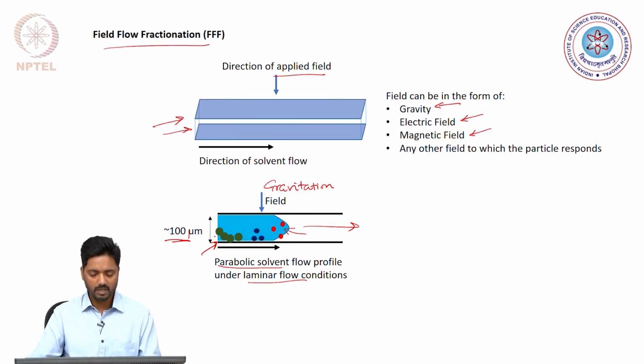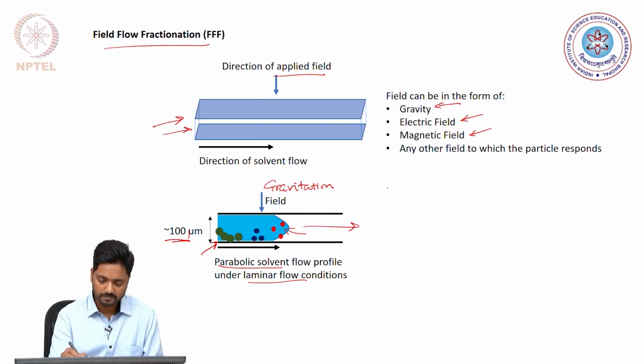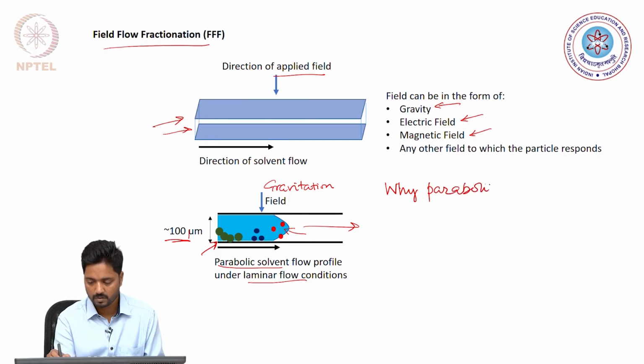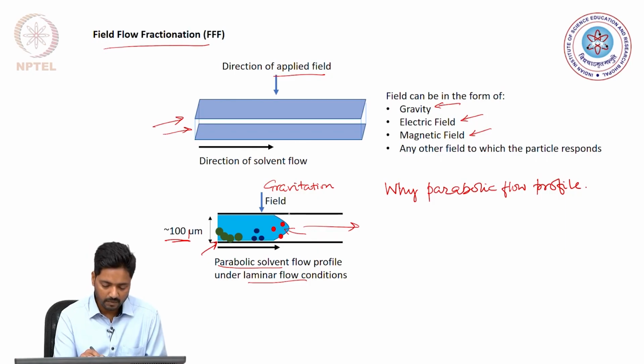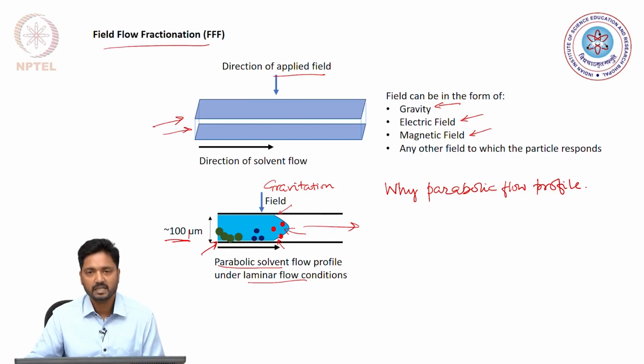Now, I will just quickly tell you why the solvent takes a parabolic flow profile under laminar flow conditions. So, when a solvent flows through capillaries, the walls of the capillaries attract the solvent, and the solvent flow is negligible near the walls.